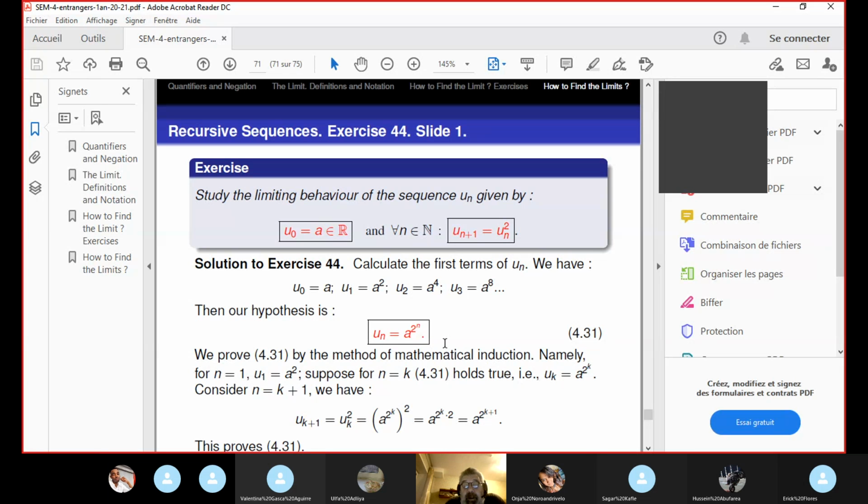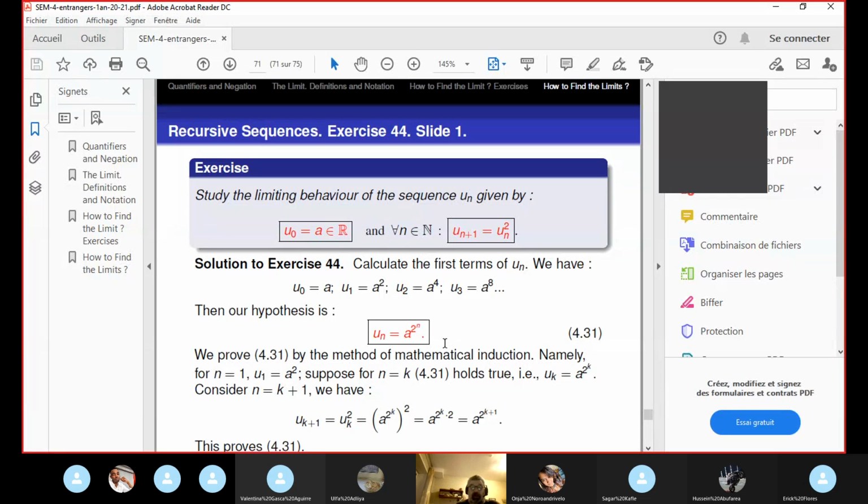So I have to prove this, and in order to prove this hypothesis, I use the method of mathematical induction. So for n equals 1, we have u sub 1 equals a squared, so it's good.